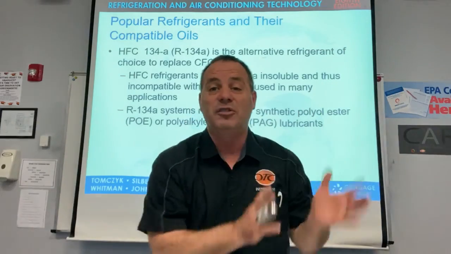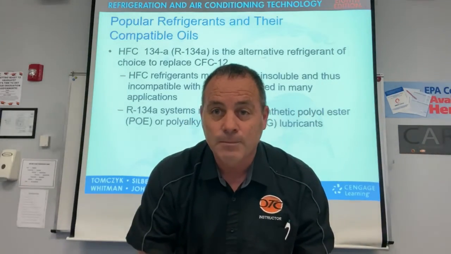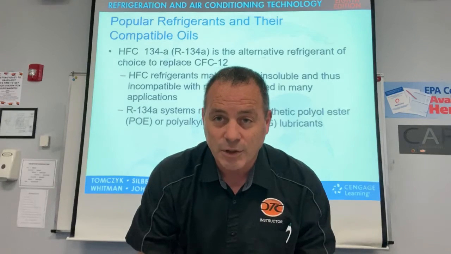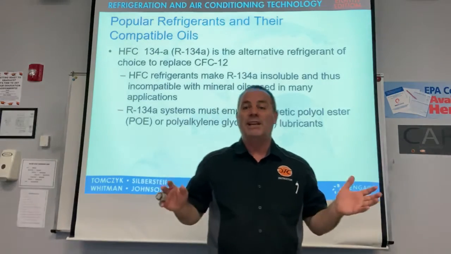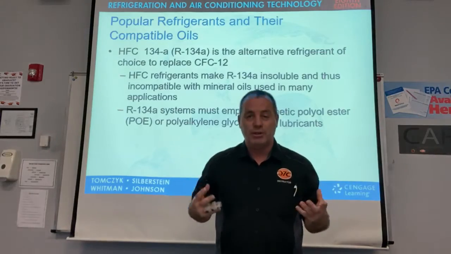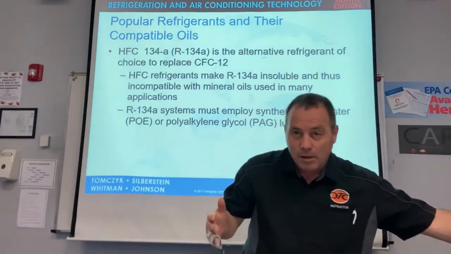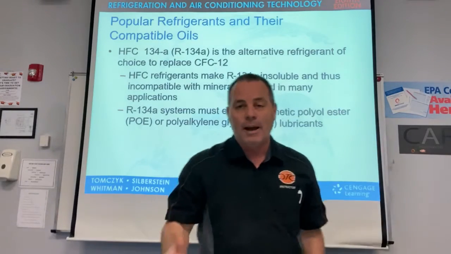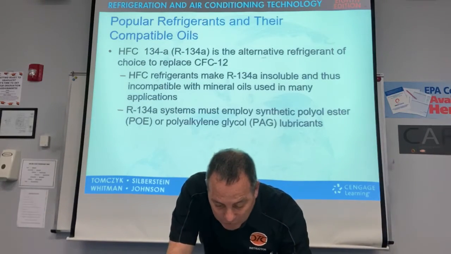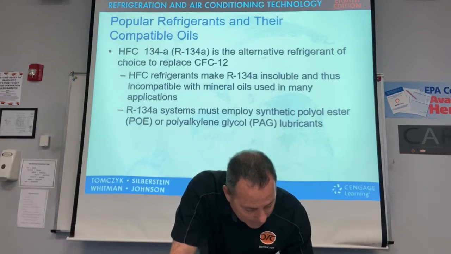It also has the same condensing temperatures as R22, but 410A's got a lot higher operational pressure. But notice you're going to get the same condensing and evaporating temperatures. That was the big thing that they had to arrive at.